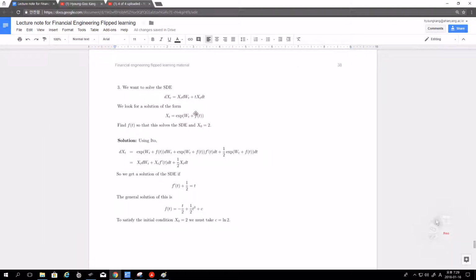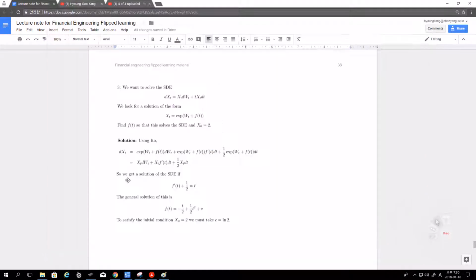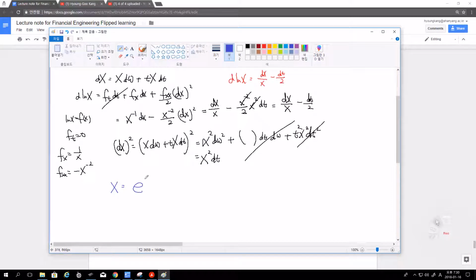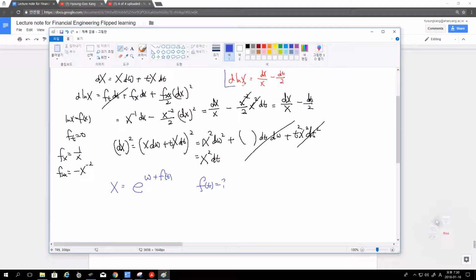Now, let's see this one. Our equation is X equal, let me now use blue color, X equals exponential of W plus f(t), and our question is f(t). Now let's take log, so log X is W plus f(t).